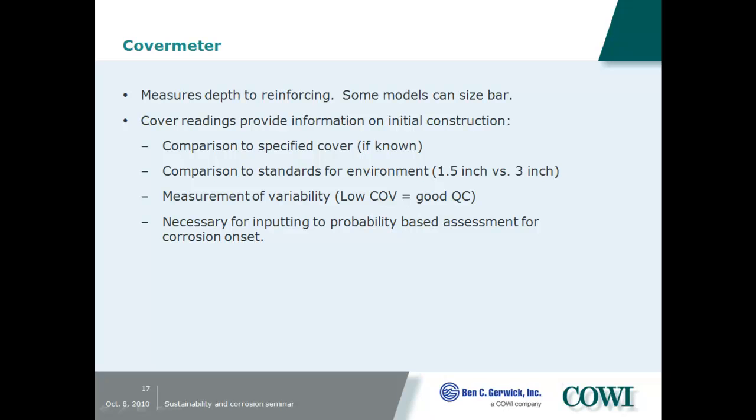Also, most cover meters work by induction. So if your steel is not magnetic, like most stainless steels, you cannot use cover meters in that situation. But cover is of course of significance if you have a very large variation. It would have a large input on your structure's service life.